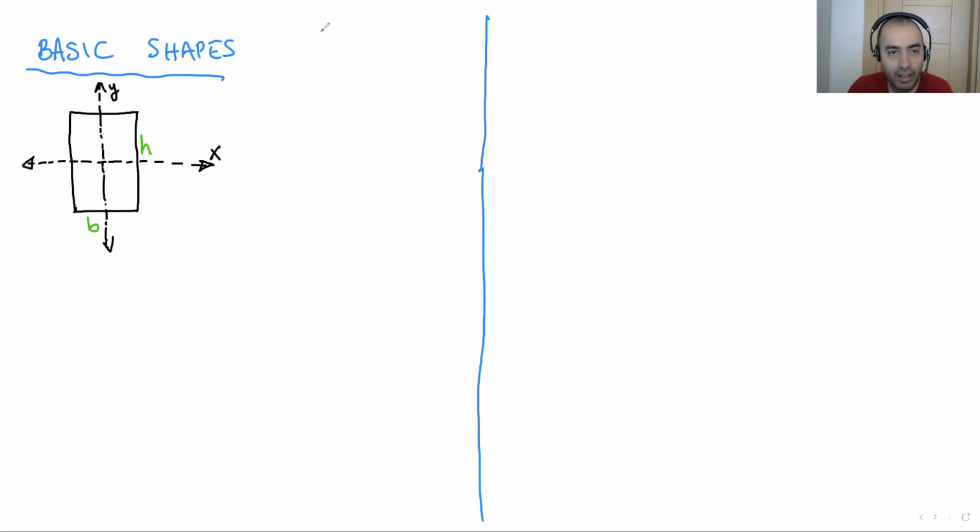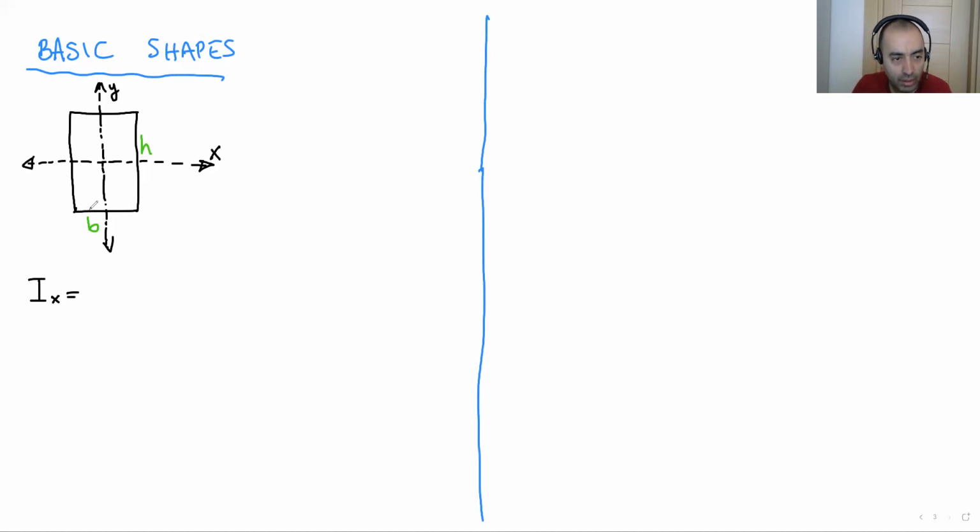If I'd like to calculate Ix, I'm going to do this for the x-axis. What is the rule?